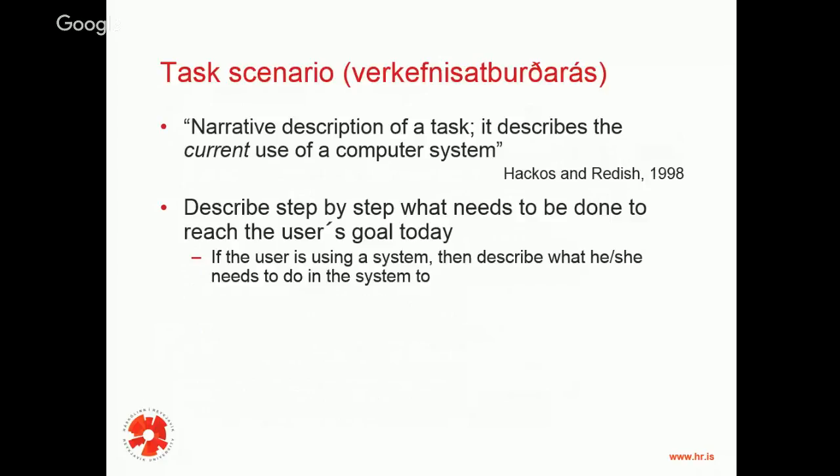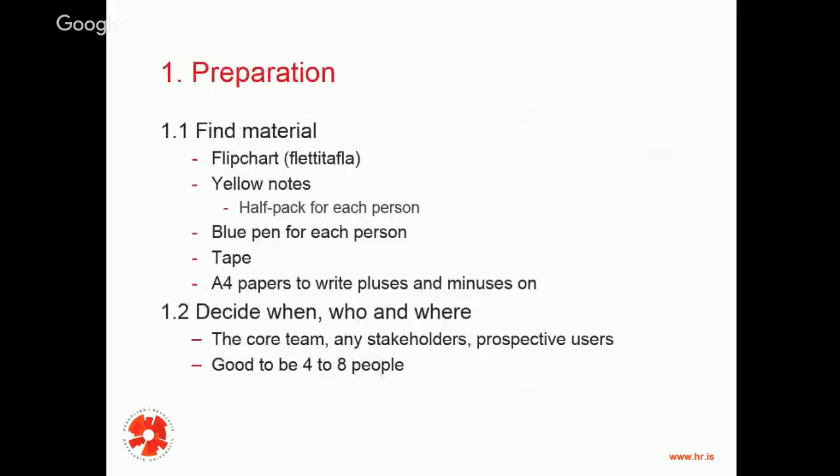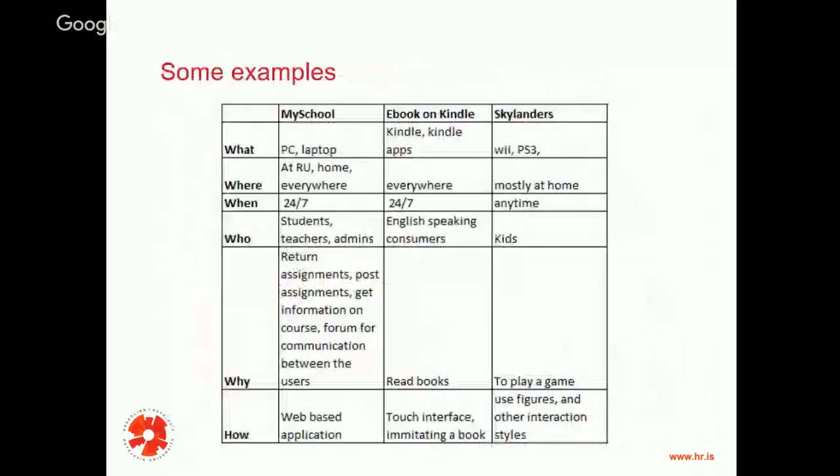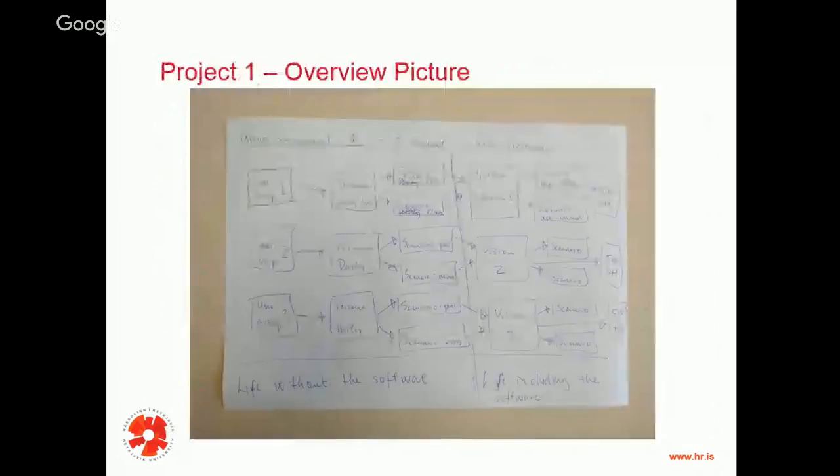There are scenarios called task scenarios, and these describe the current use of something. If we refer to my beautiful drawing there, it could be that you have an old computer system here. So this is like the old situation, or the current situation.